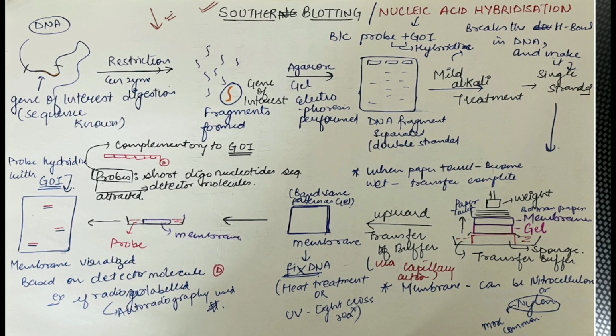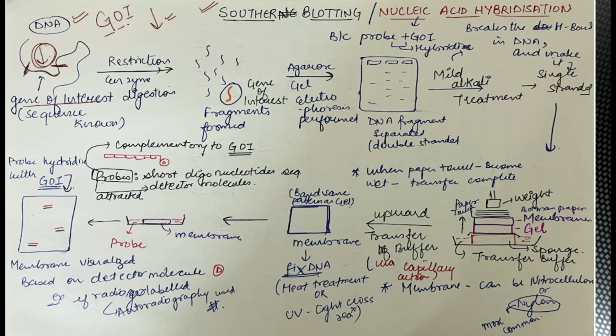So southern blotting is nucleic acid hybridization. In this, the nucleic acid is transferred. Now first, as we have discussed, we have this particular DNA, and from this DNA we need to have only this particular segment. This is known as the gene of interest, that is GOI.